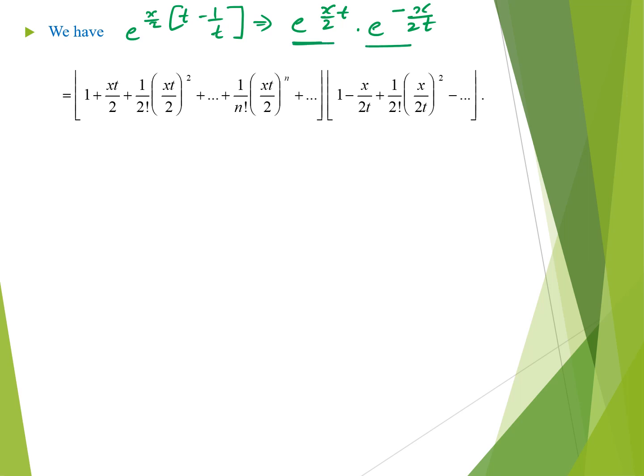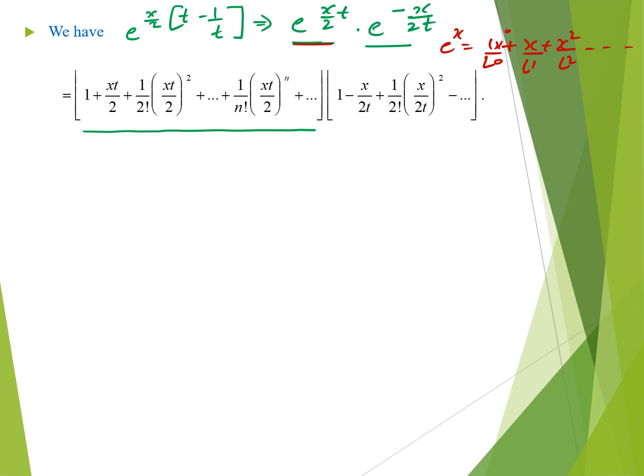Now for the first series we expand e to the power xt by 2. For this you have to remember the expansion of e to the power x, that means 1 plus x plus x square by factorial 2 and so on. Over here we have factorial 1, over here we have factorial 0 and x to the power 0.